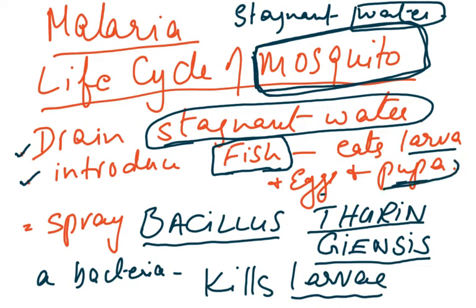The pupa does not feed, so the pupa will not be killed, but the larvae will be killed. And if there is no larvae, there is no pupa, there is no adults. So Bacillus thuringiensis is a bacterium that is toxic for the larva of the mosquito, but it doesn't harm other aquatic life. So this is one way of controlling the number of mosquitoes.